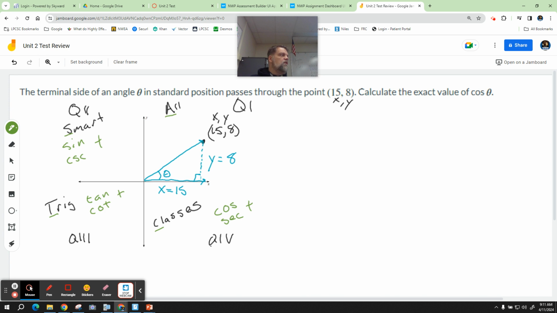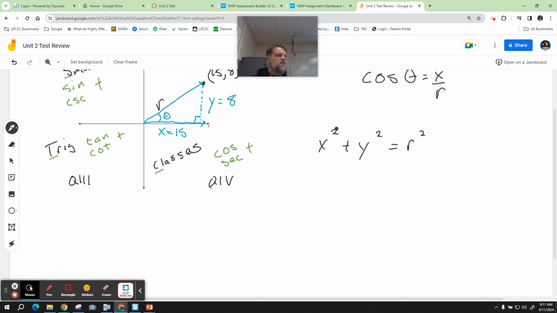So now remember that cosine, however, is what they want. They want the exact value of cosine. So remember that cosine of theta is equal to x over r. So what I need to do is figure out what r is. Well, to find r, I'm just going to say x squared plus y squared equals r squared.